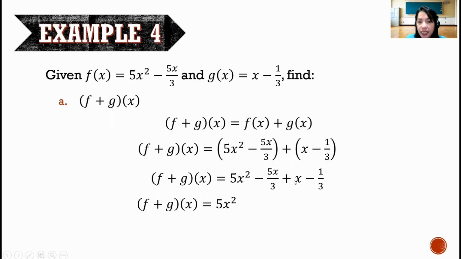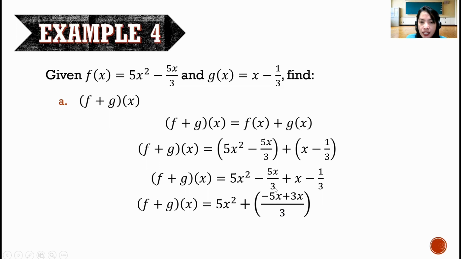So, since na i-combine natin itong 5x over 3 and then the positive x, we have to determine the LCD of these two terms. The LCD, since na ang denominator ng 5x ay 3, so ang gagawin natin, ang LCD nitong dalawa ay 3, since na ang denominator ng x ay 1. So that is, lalagay na muna natin dito plus, so 3 ang LCD niya, so lalagay natin dito 3.